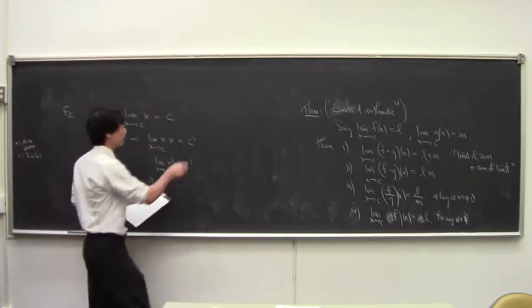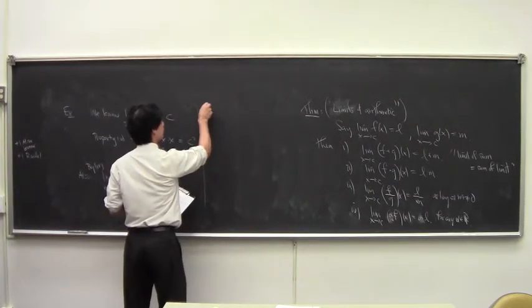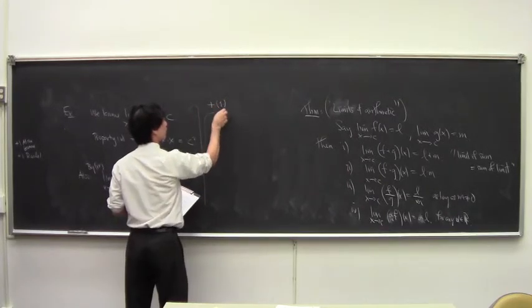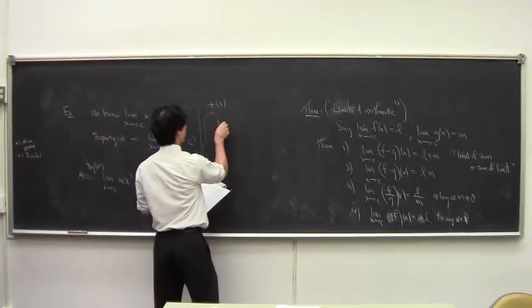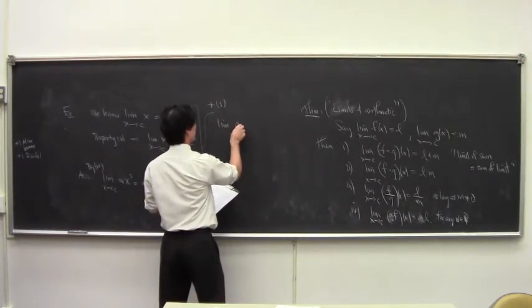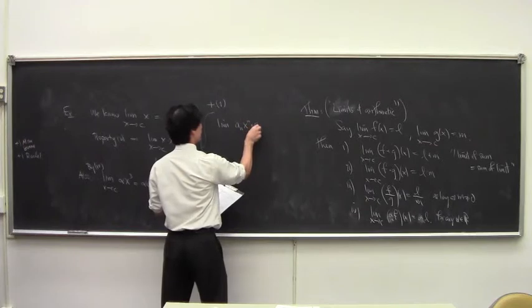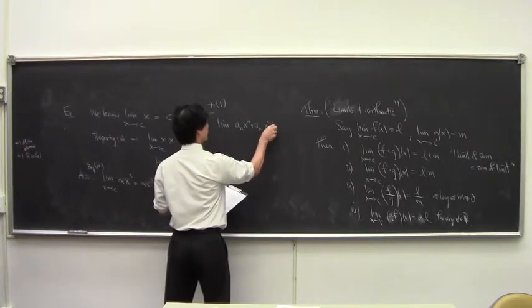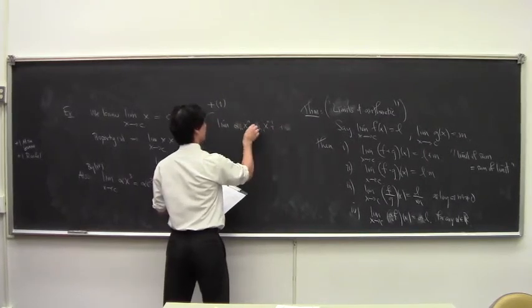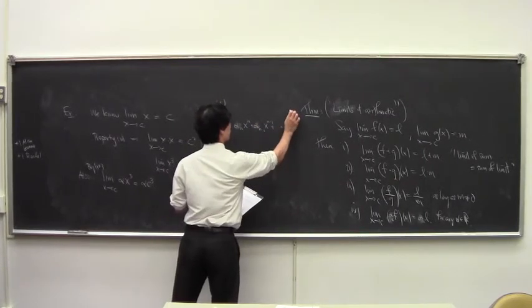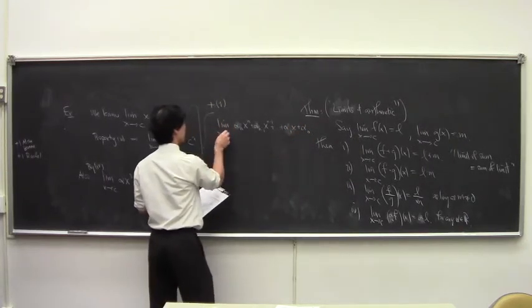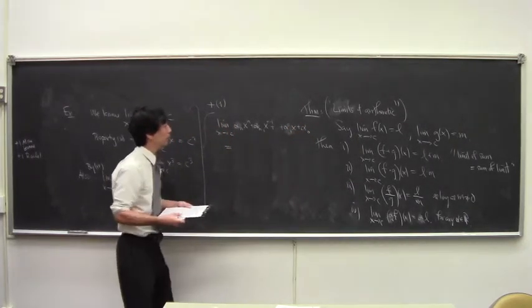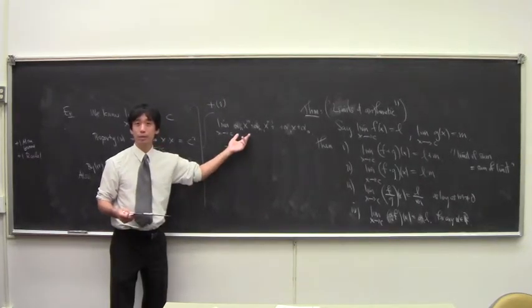Okay. So putting all these together with property number 1 means that if we have the limit of, say, a sub n x to the n plus a sub n minus 1 x to the n minus 1 plus, let me call these alphas, sorry, alpha 1 x plus alpha 0 as x approaches c, then what do we need to do?